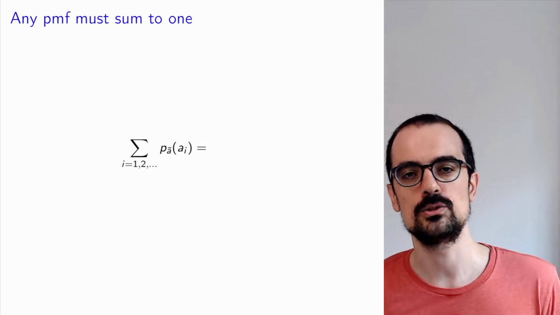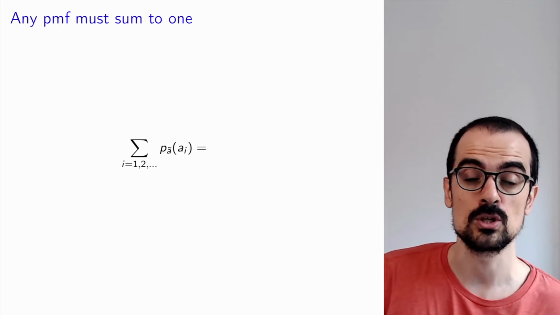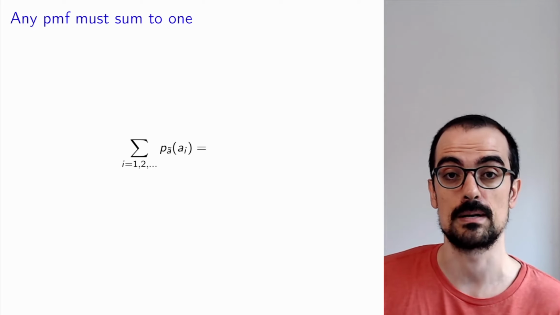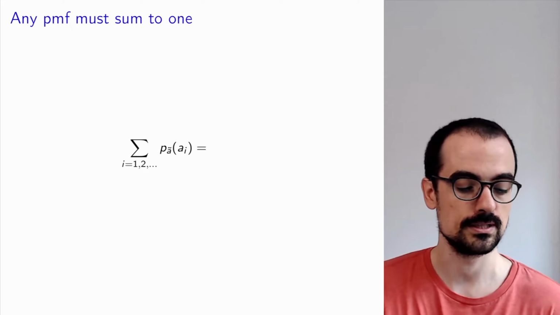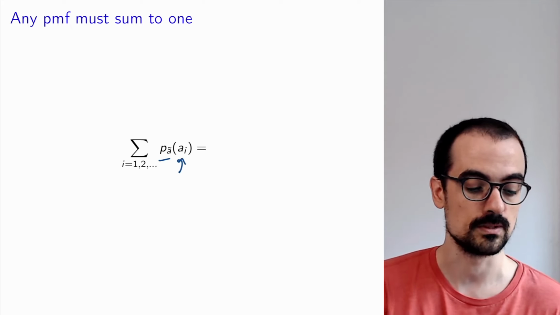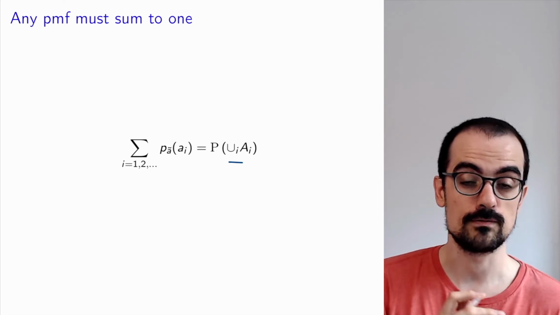Before, we're going to state a very important property of discrete random variables, which is that the PMF always sums up to 1. Okay, so if we consider the sum of the PMF over all its possible values, basically this is the probability of the union of all of those events, right?